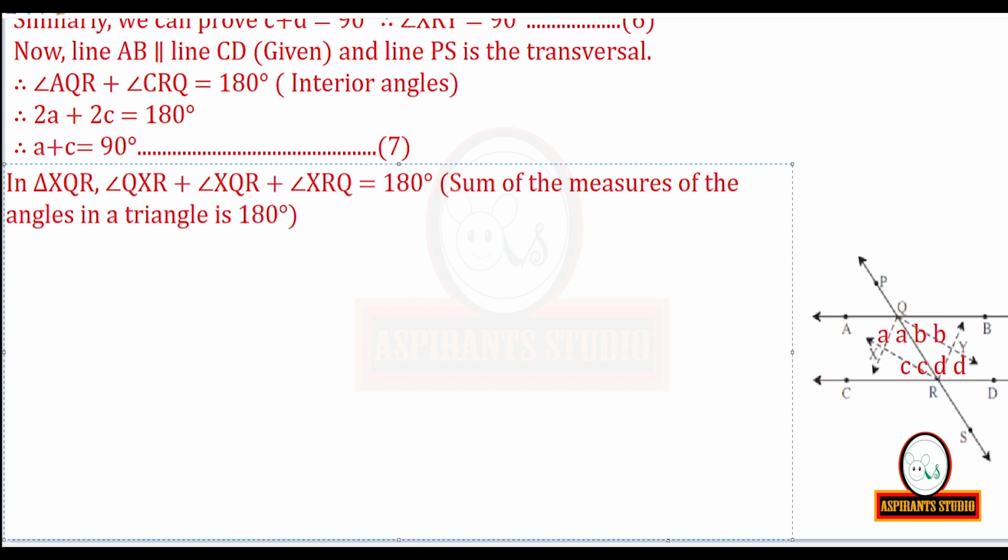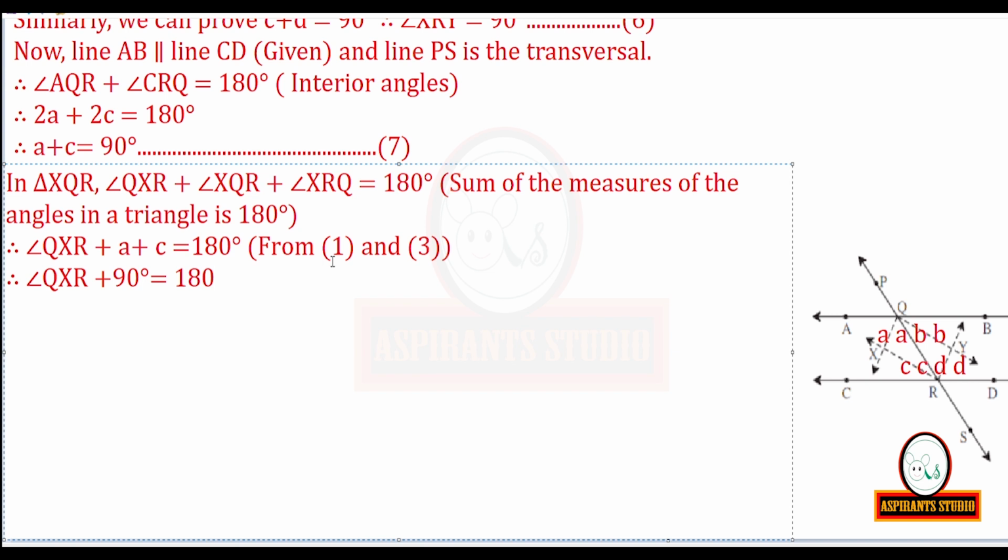So this equation becomes measure of angle QXR plus 90 degrees is equal to 180 degrees. Write the reason beside it. This is from equation number 7.